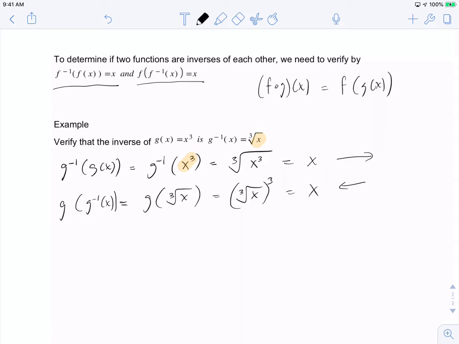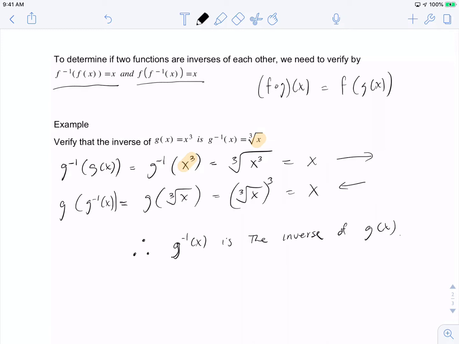Since it shows it both ways, we know then, therefore, g inverse of x is the inverse of g of x.